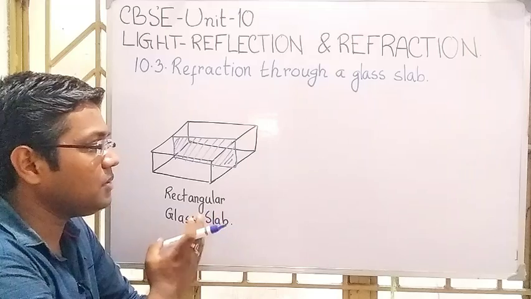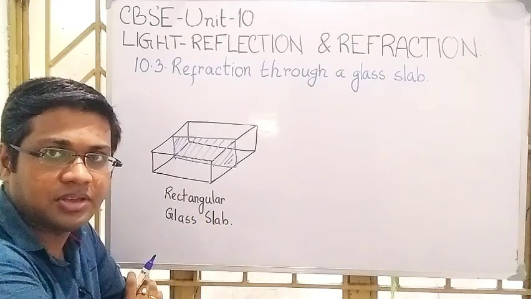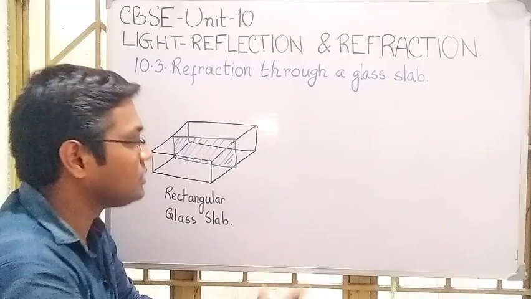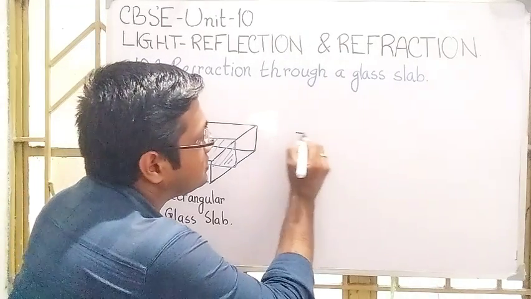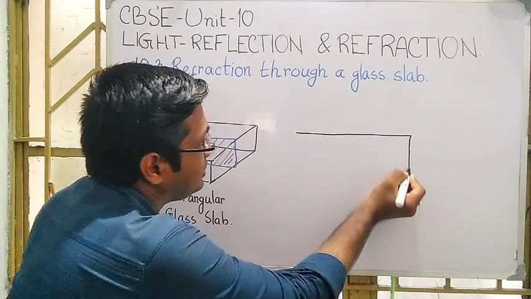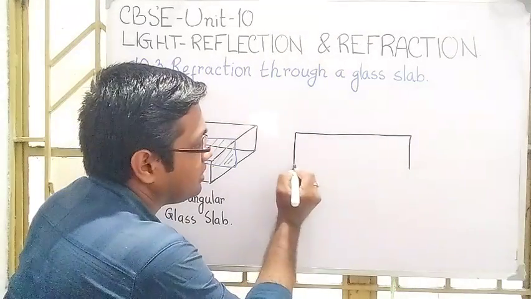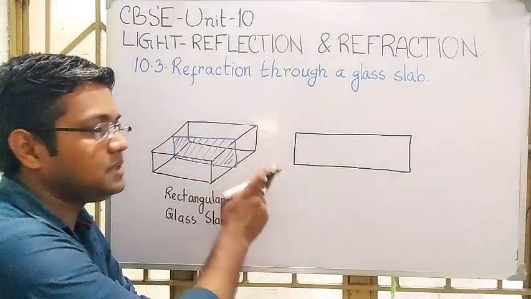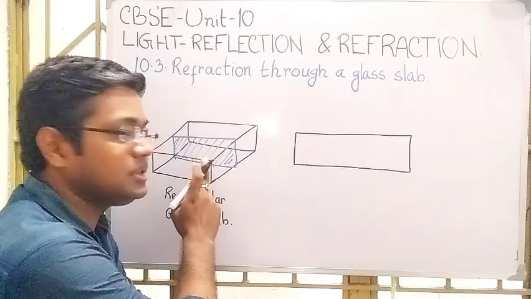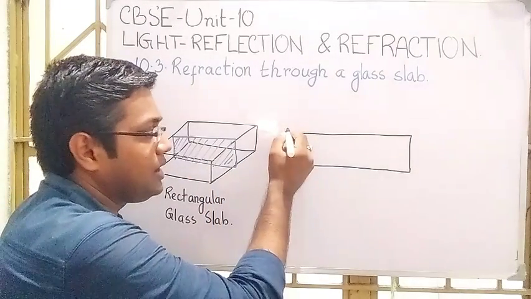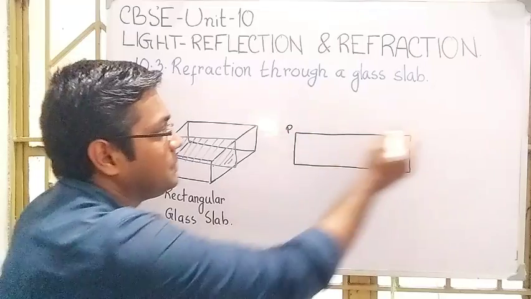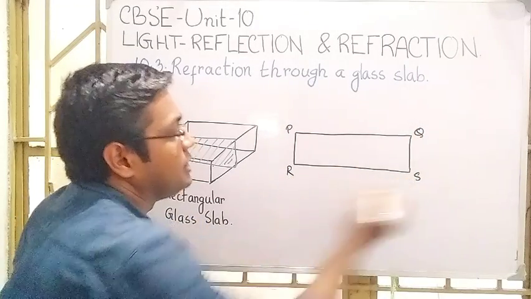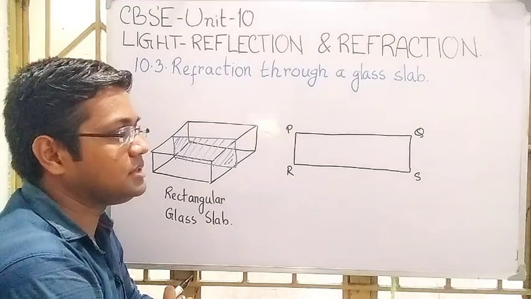After that, if I want to represent a glass slab, we will just draw the principal section. This principal section represents the glass slab. We can name it P, Q, R, S.